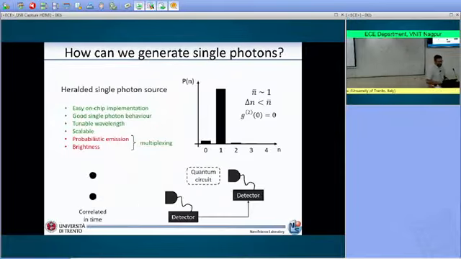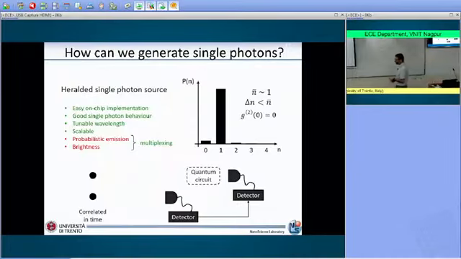Then there is another technology. And this technology is based on what is called heralded single photon sources. Okay, so the idea of the heralded single photon sources is the following. Let us start from entangled photon pairs. So let us start from a photon pair that is correlated in time.